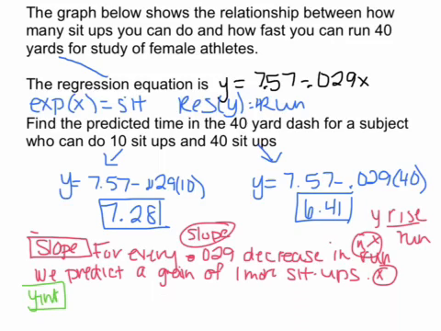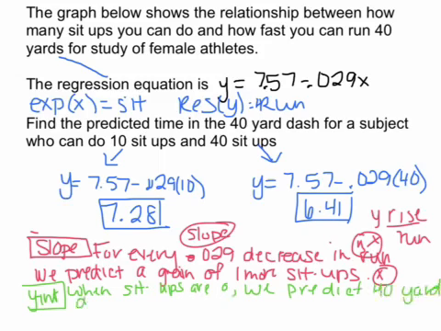So to predict a y-intercept, when we find a y-intercept, we always plug in a 0 for x and solve for y. Again, on the second slide of the Prezi, it has the formula to help you follow. But basically, when the x is 0, so in this case, when the sit-ups are 0, we predict that the 40-yard dash to be, and at this point we actually physically have to put in a 0 right here.